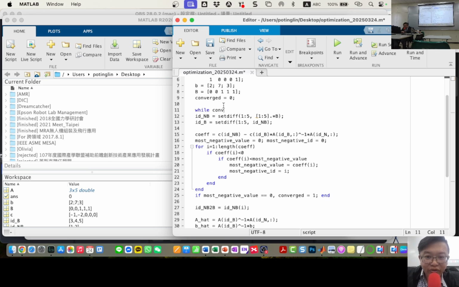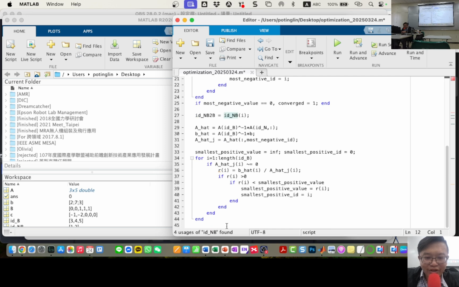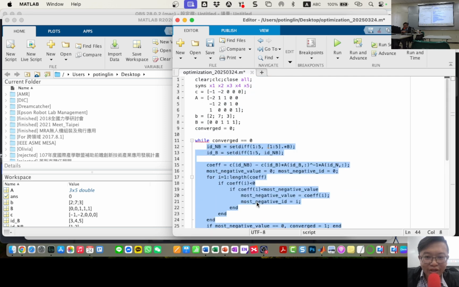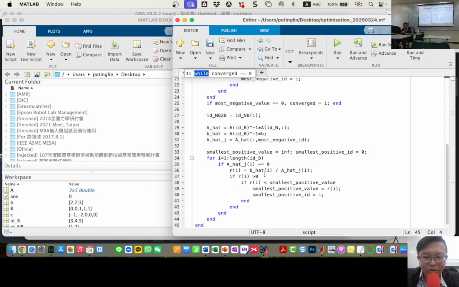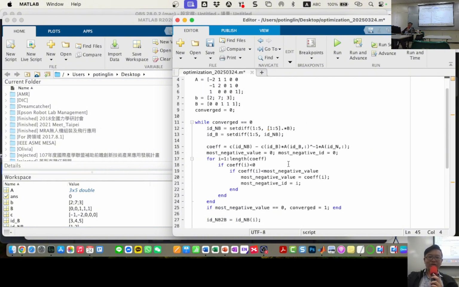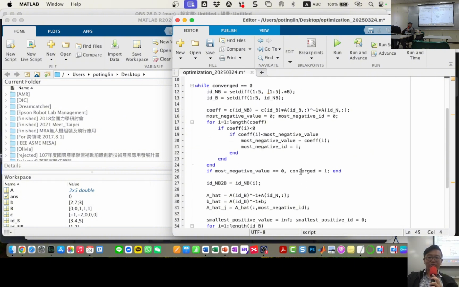While converged is 0, we will keep on doing this, right? The whole thing is inside a big while loop. And whenever this becomes 1, then we can actually break the while loop. Only when this is happening.